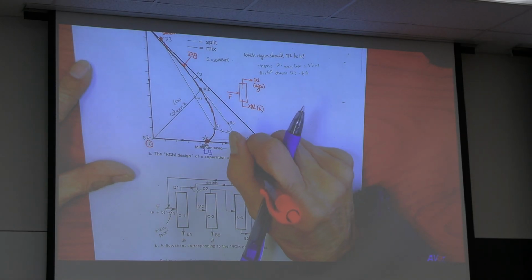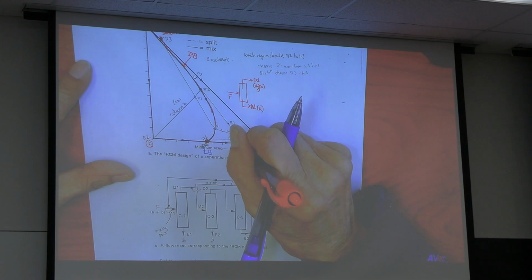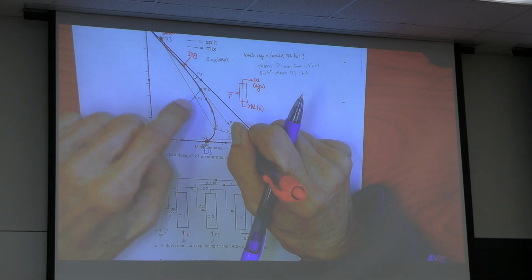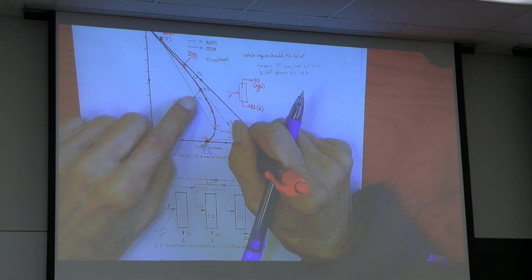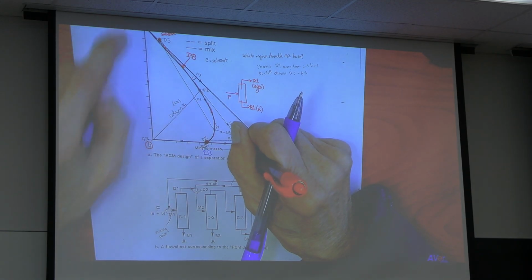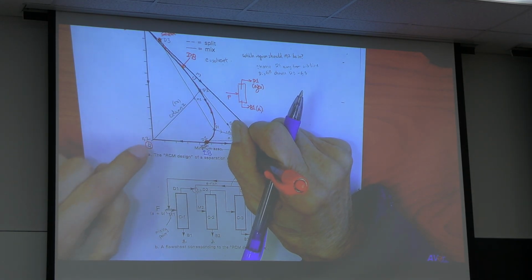How do we get a feasible flow sheet? Create a new feed in this region to get your desired product.